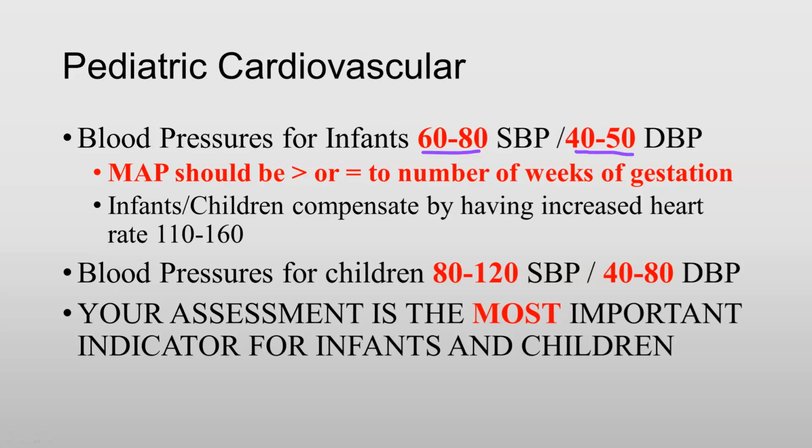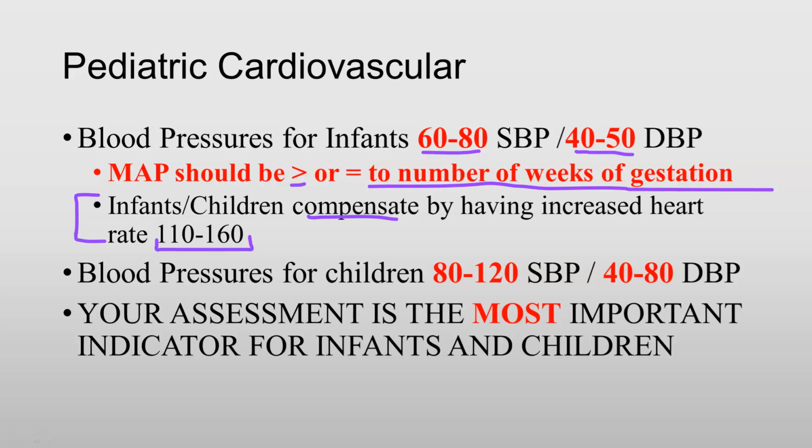Our MAPs should be greater than or equal to the number of weeks of gestation. And we know, and it's not just infants and children, the compensatory mechanism for low cardiac output is to have a higher heart rate. So infants and children are going to be somewhere between 110 and 160.